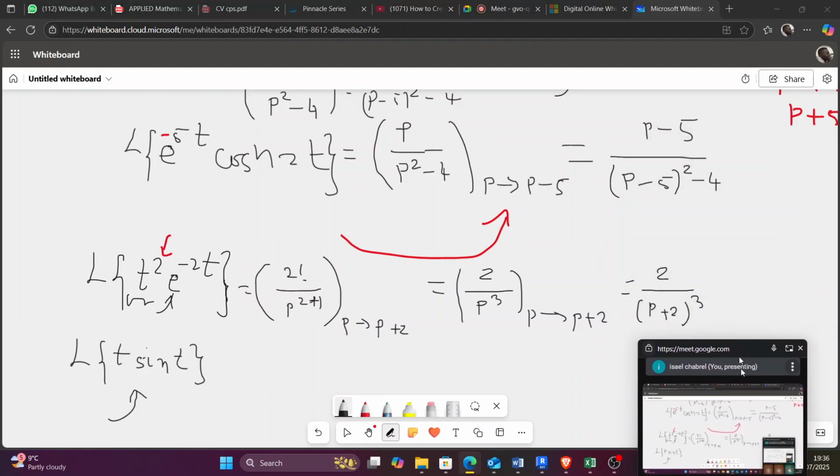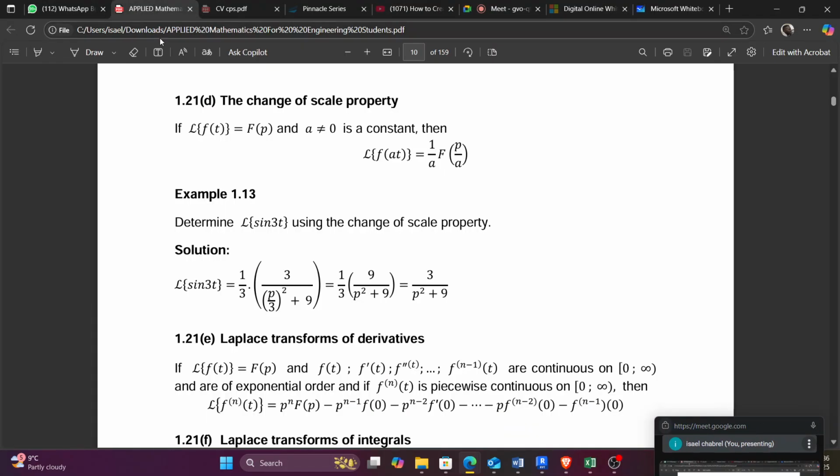Okay. What is next that I want us to do is what they call the change of scale property. Again, this function here, you can solve it using the straight formula. They are just applying properties on how to solve them.